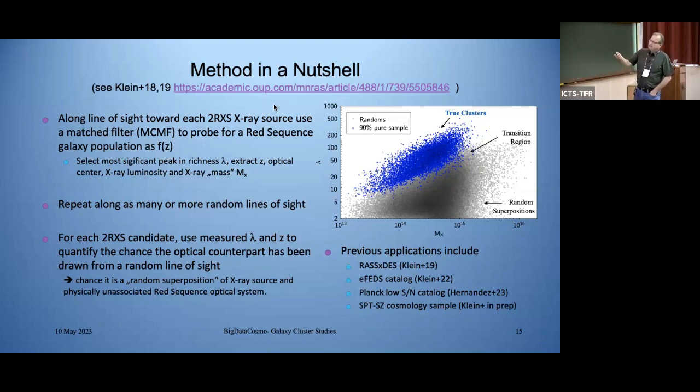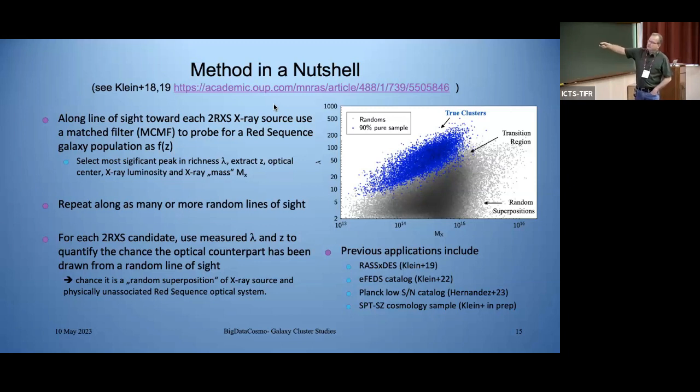Here you can see in lambda richness versus this X-ray mass estimator, in blue, what we have defined as the true clusters in MARDLS. In gray are the random superpositions. And you can see that these are obviously random superpositions. These are obviously a different population, but there's this transition region where it's difficult.